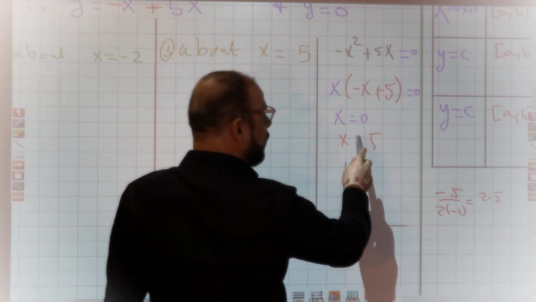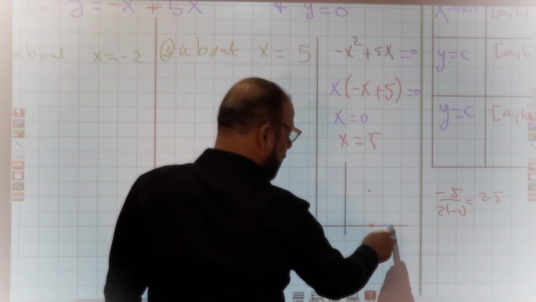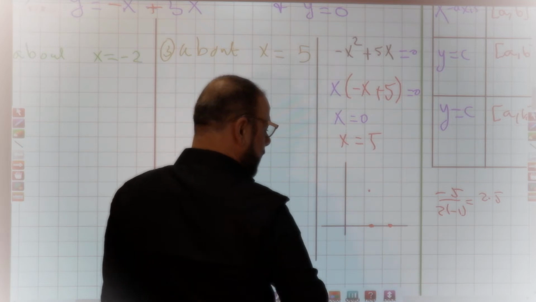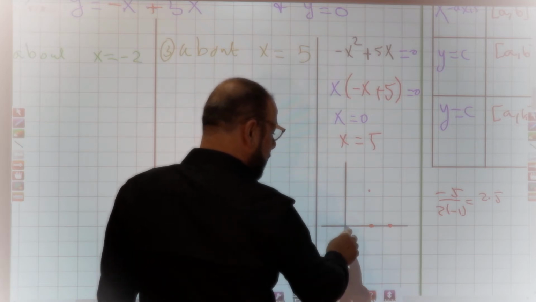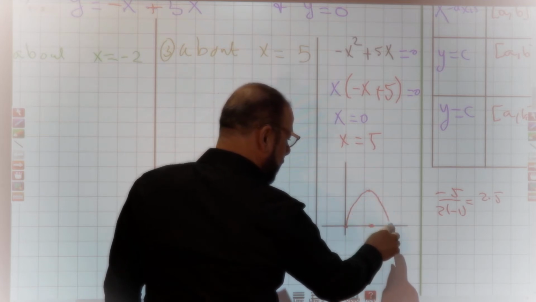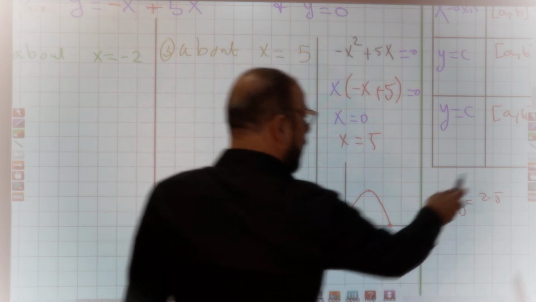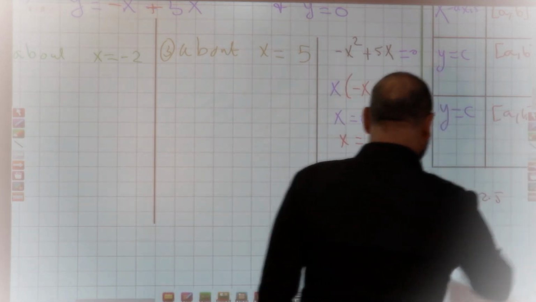And the y intercepts are 0 and 5. Then you connect these points. And this is the area we want to revolve.